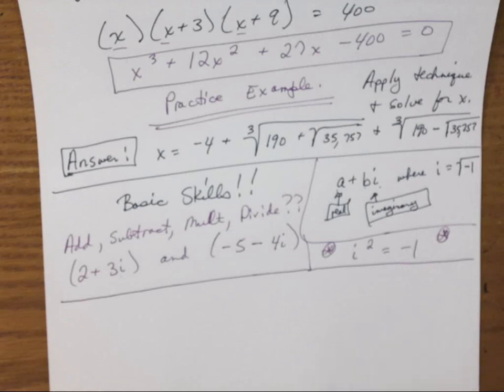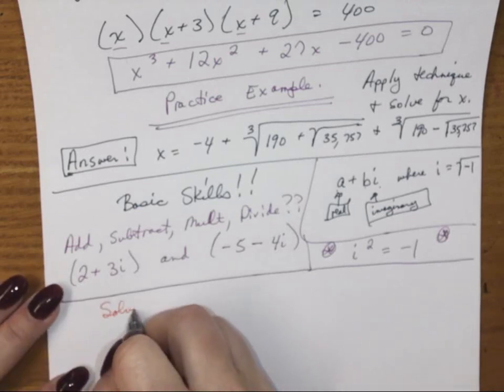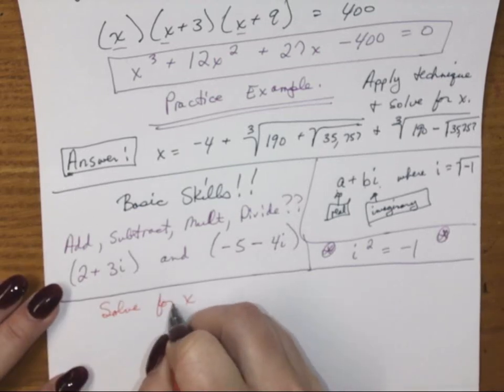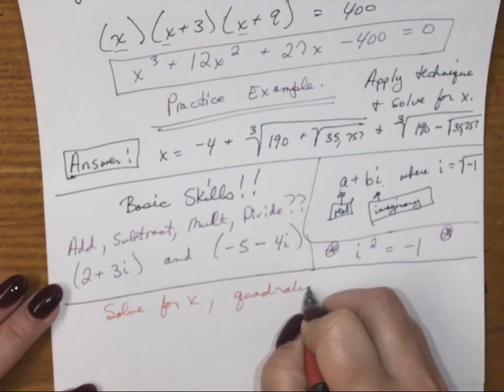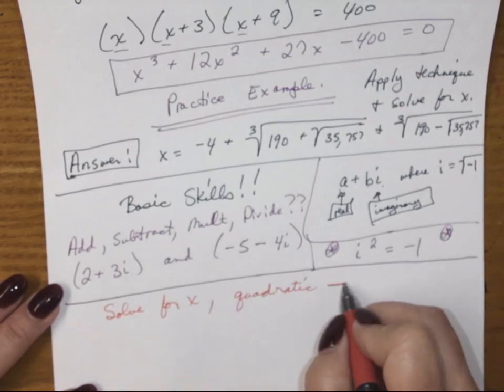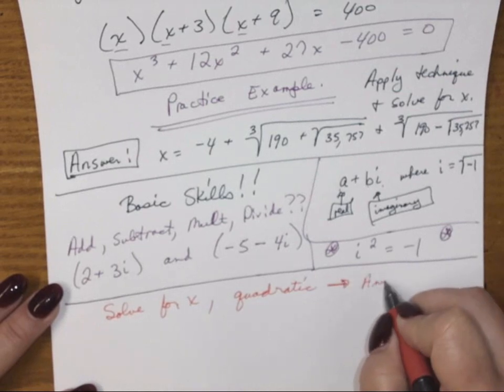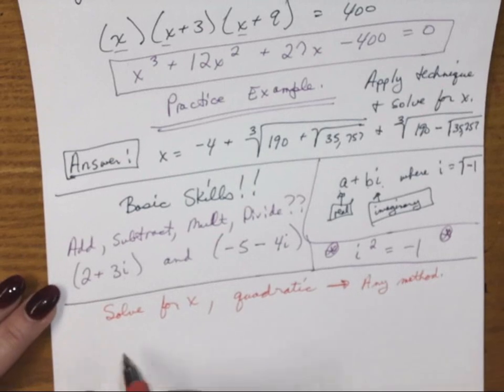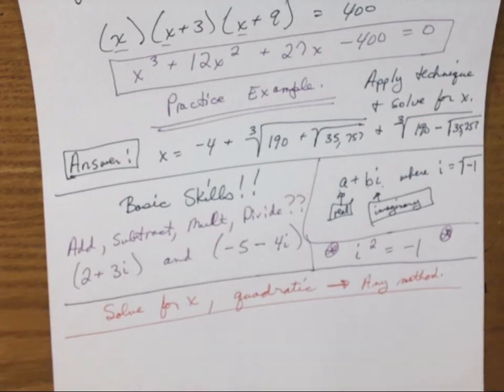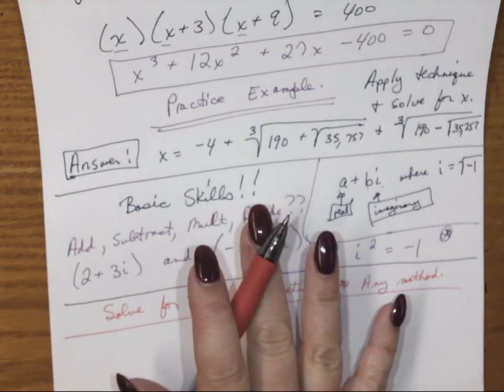Okay. The other thing here is that in your book there are some problems where they want you to solve for x. And it's some kind of quadratic equation. I don't care what method you use. The thing is, it's doubtful that it will factor because it's in this section.